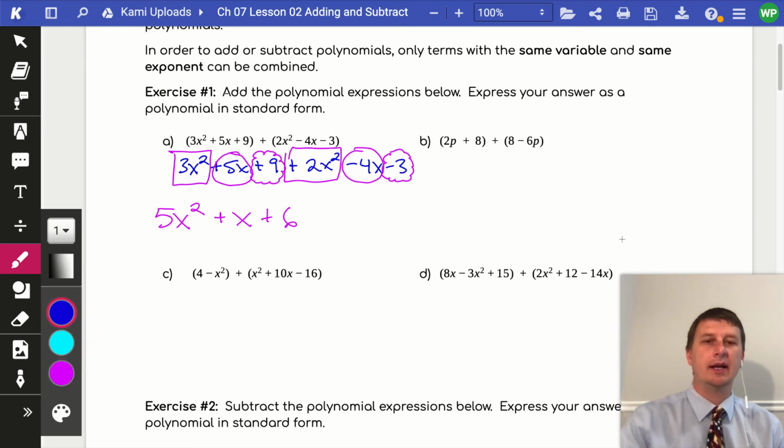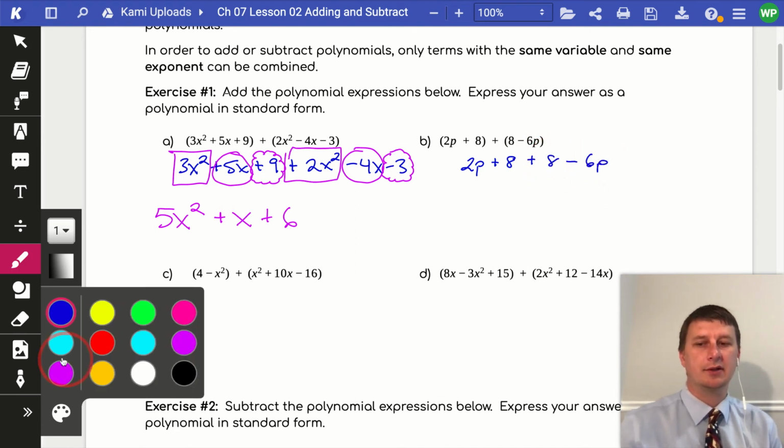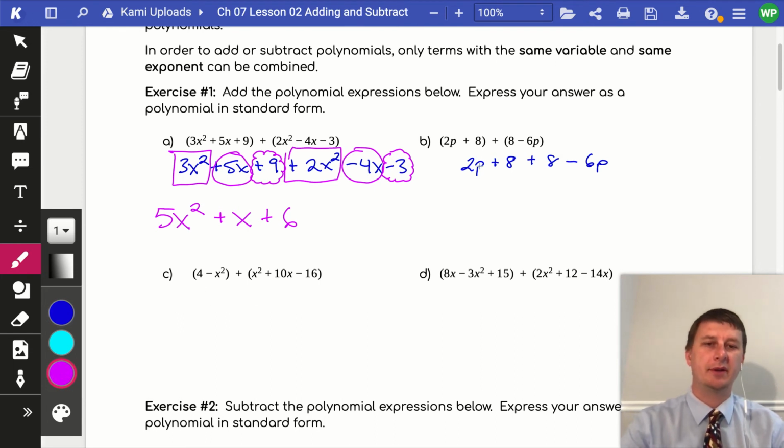Taking a look at our next one, again, we have adding outside the parentheses, so we don't really need the parentheses there. So we have 2p plus 8 minus 6p, and I'm going to look for my like terms. I start off with the p, and I have 2p. And then over here I have negative 6p. And 2p minus 6p is negative 4p.